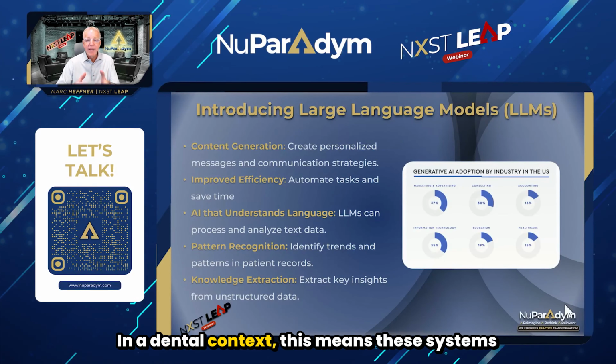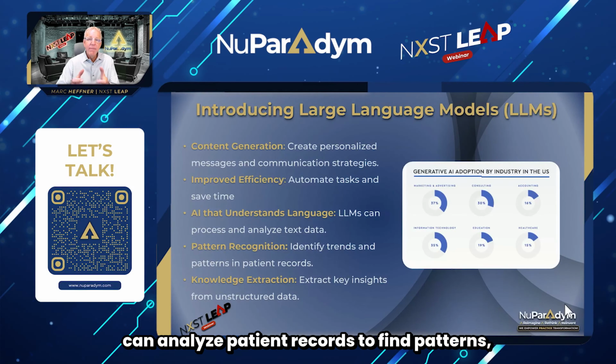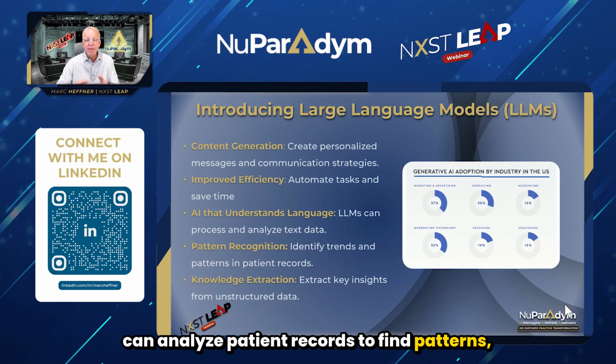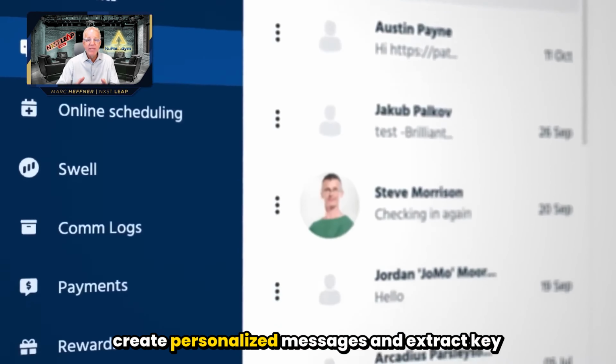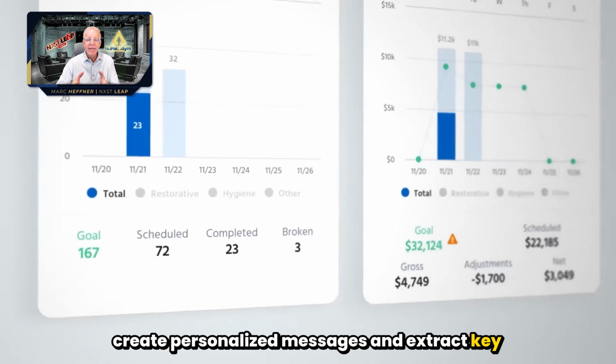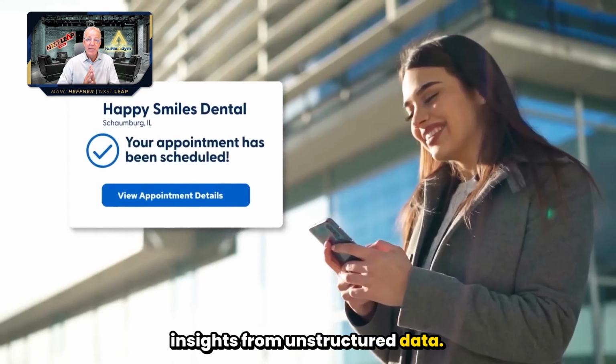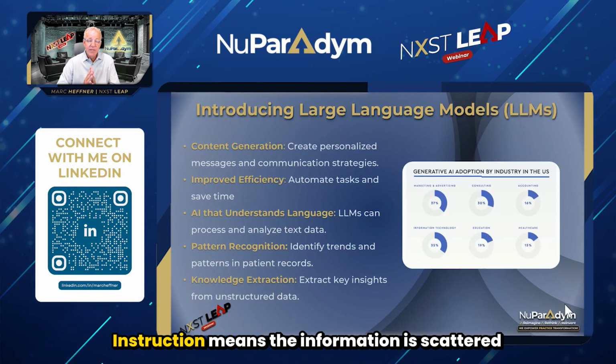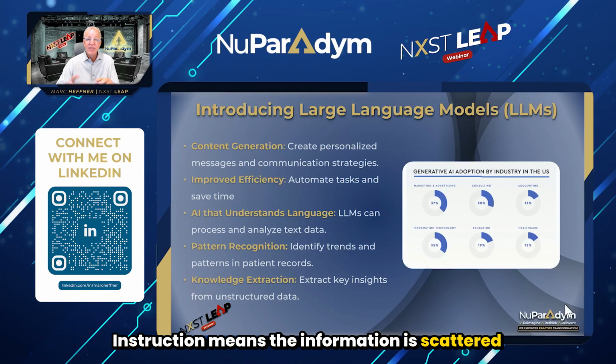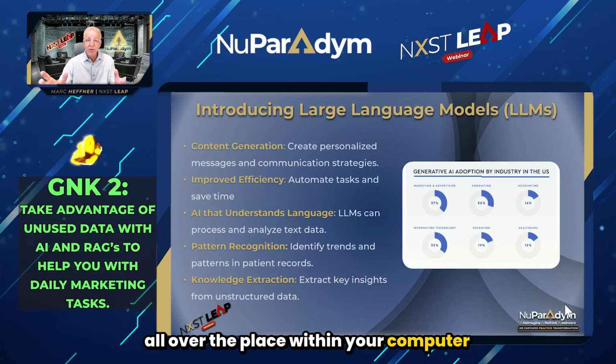In a dental context, this means these systems can analyze patient records to find patterns, create personalized messages, and extract key insights from unstructured data. What's unstructured? Unstructured means the information is scattered all over the place within your computer systems.